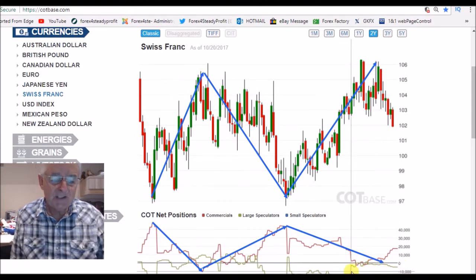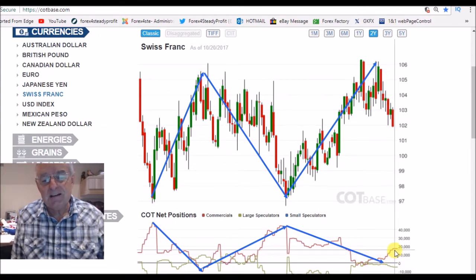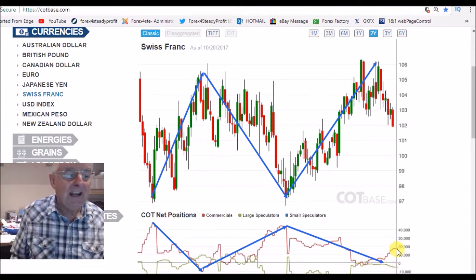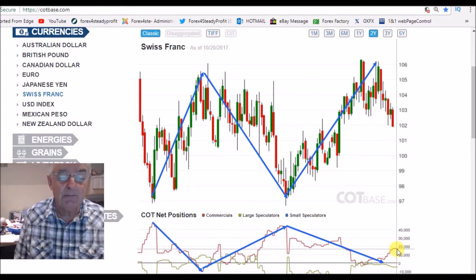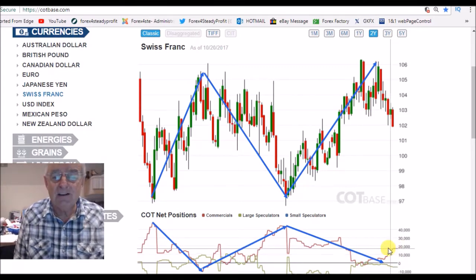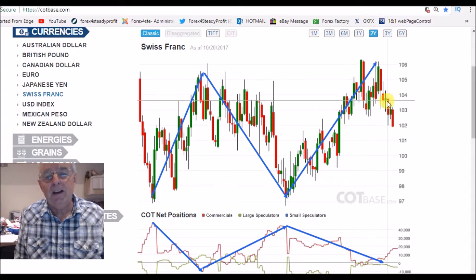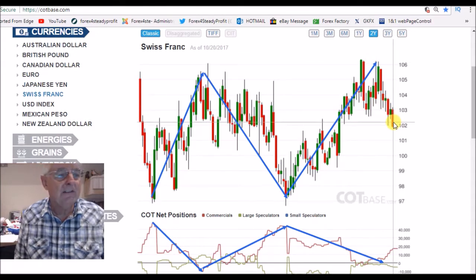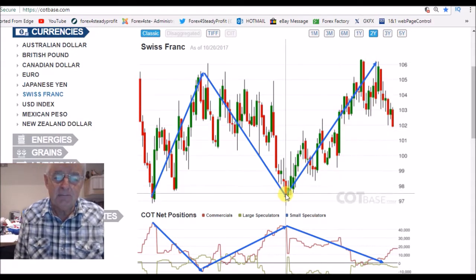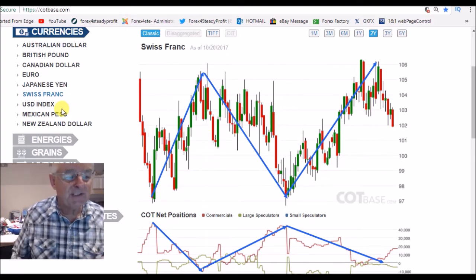Now we haven't got an extreme at this point, so I'm thinking, if we have the DAX collapse or something disastrous happen, then you're going to see a big rise in the price of the Swiss franc, because it's a safe haven currency for the Eurozone. So I am fairly bullish on the Swiss franc, but I prefer it on the crosses. So that's where I stand with that one.